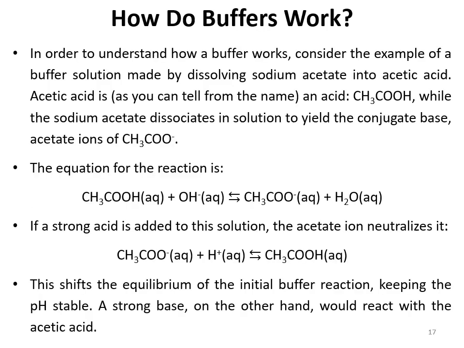So we are going to discuss an example of how buffers work. In order to understand how a buffer works, consider the example of a buffer solution made by dissolving sodium acetate into acetic acid. Acetic acid, as you can tell from the name, is an acid, while the sodium acetate dissociates in solution to yield the conjugate base, so acetate ions are present in the solution.